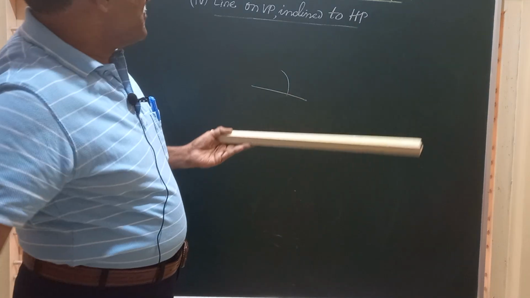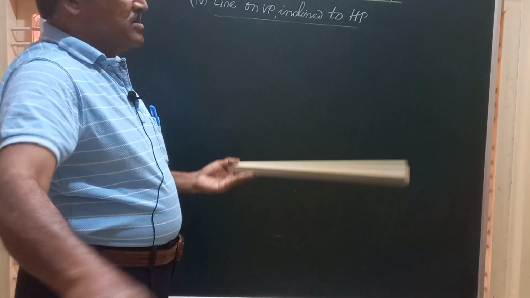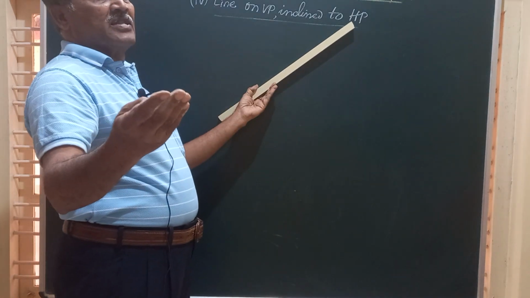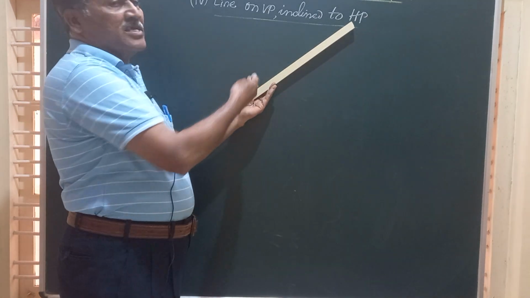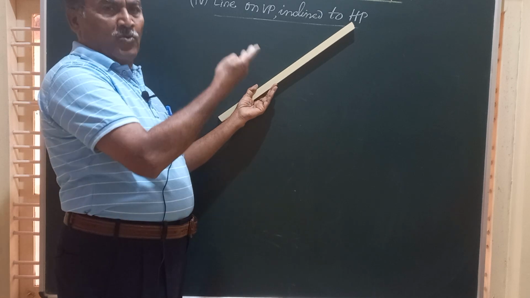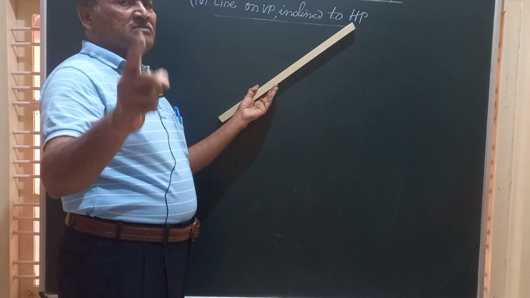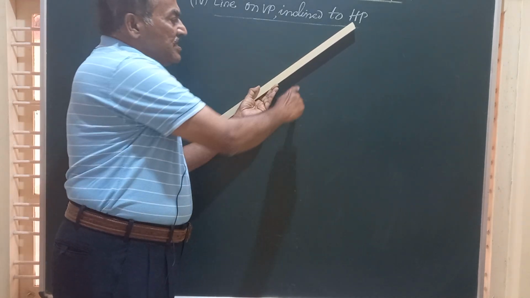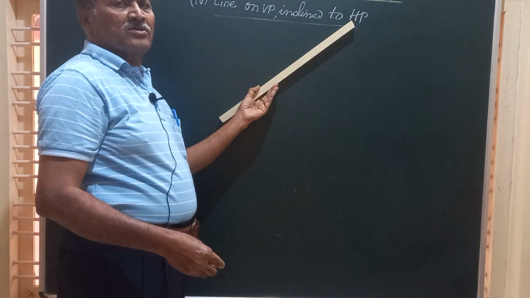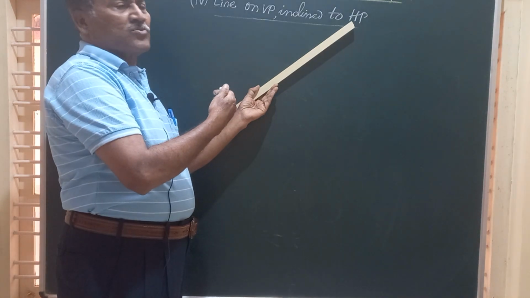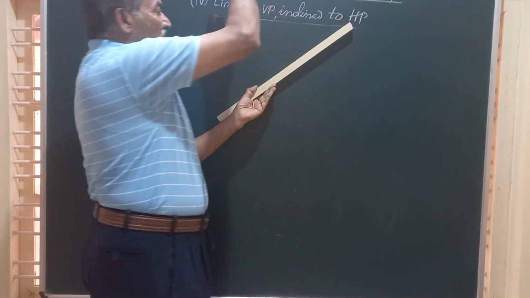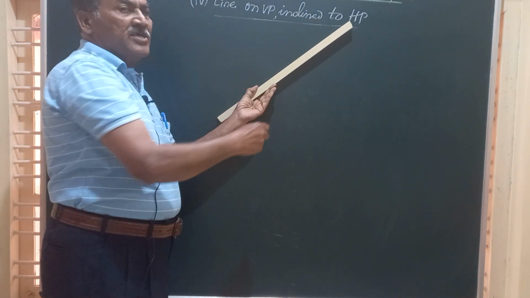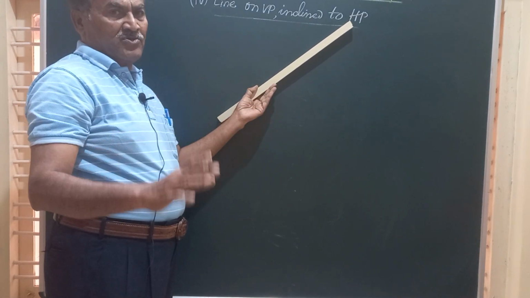So friends, whenever the line is on VP, the true length of the line is obtained in the front view, that is above the XY line. Suppose the line is measuring 90 mm, you are going to get A dash B dash inclined at the given inclination. So in the front view you see the true length, and when you look from the top, the length of this line, depending on its inclination with HP, is reduced.